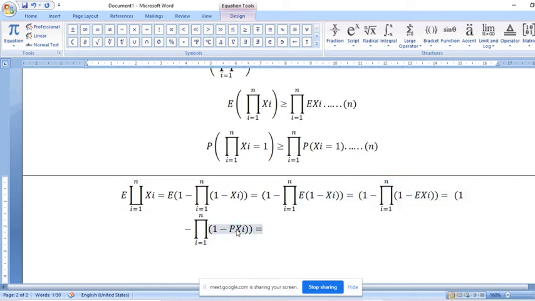This can be written as probability of... equal to 1.